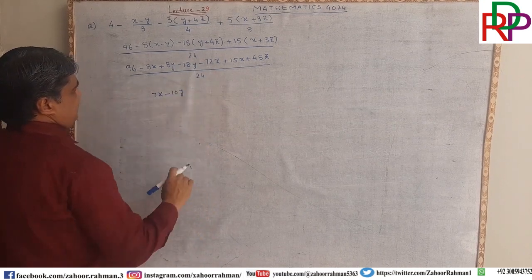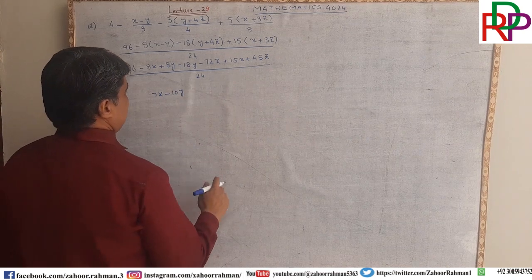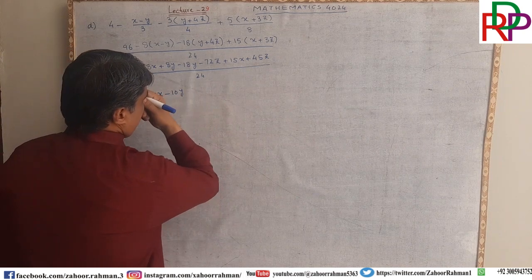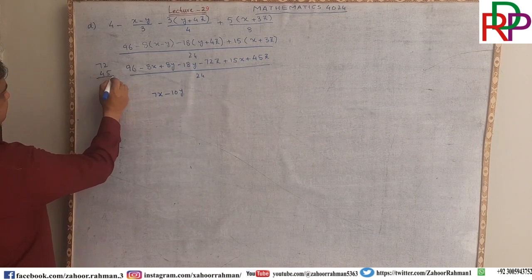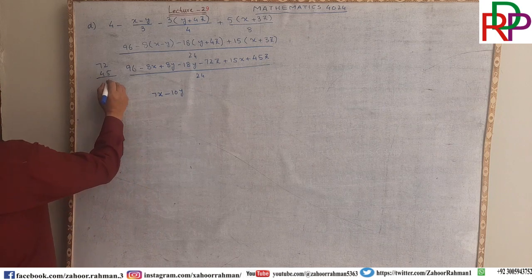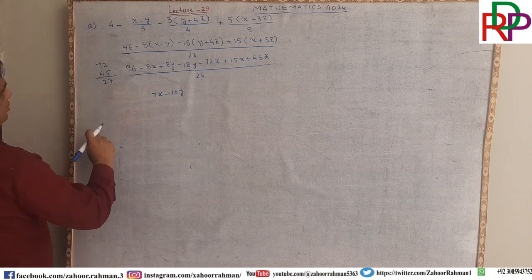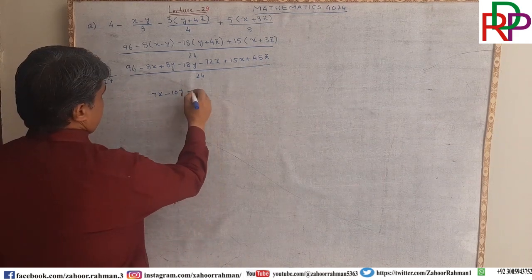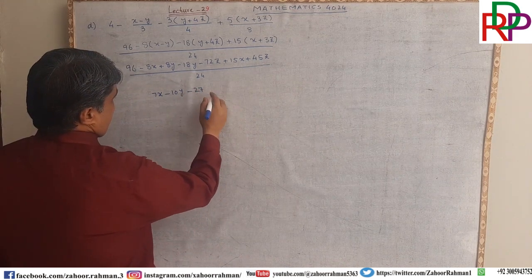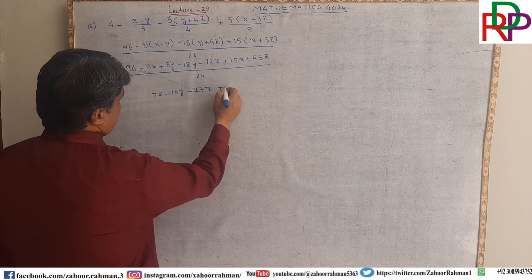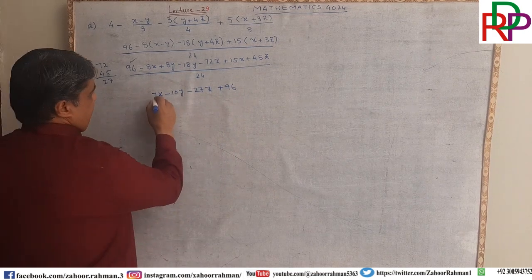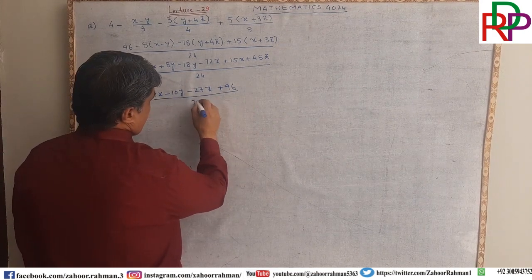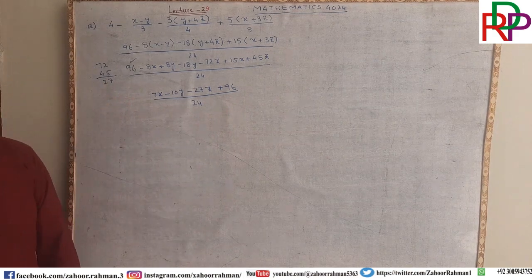And minus 72z and 45z: if I am subtracting 45 from 72, it will give you 27, so minus 27z, and plus 96, this constant, and then whole divide by 24, and that is the answer.